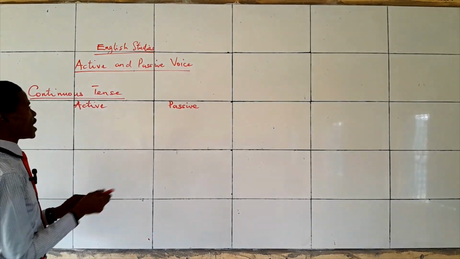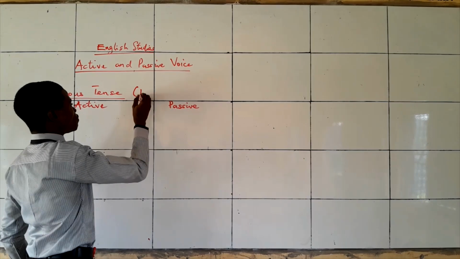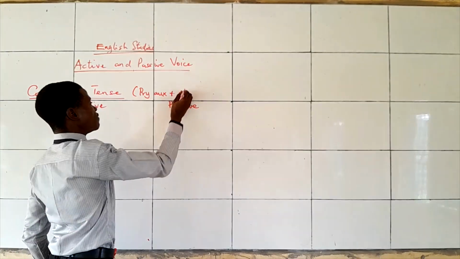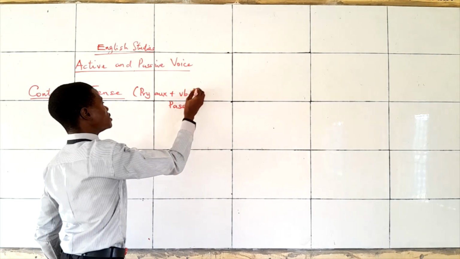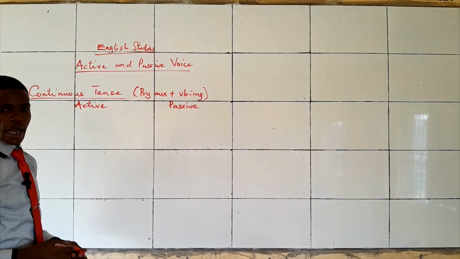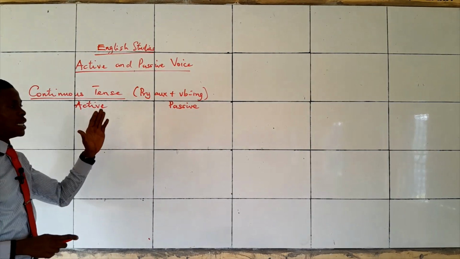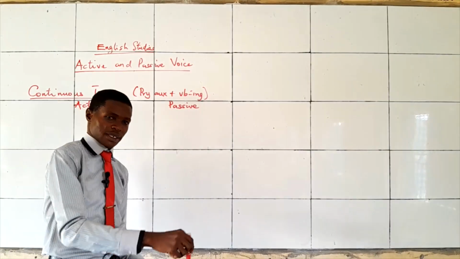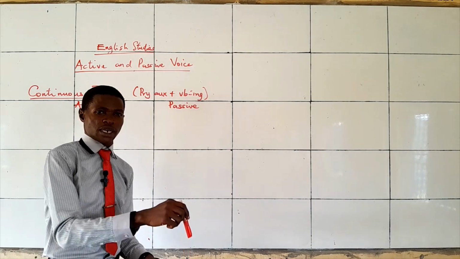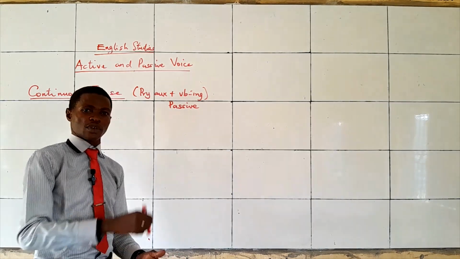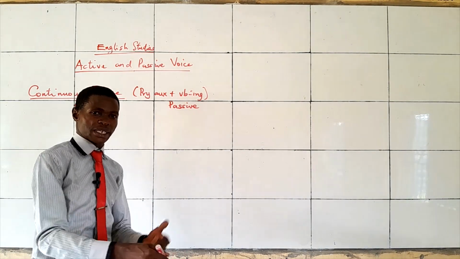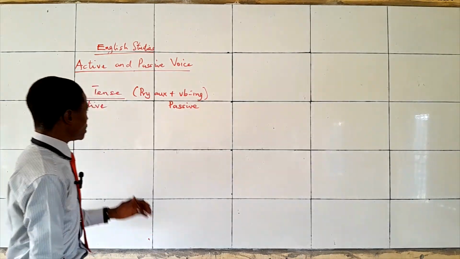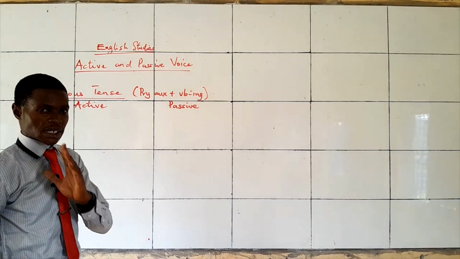We identify it with the use of a primary auxiliary plus a verb with -ing. I am writing a letter. At the moment, I'm still writing. I am not done with the writing yet. Not that I have not started. I have started, but I have not completed it. I am still in the process. That is continuous or progressive tense.